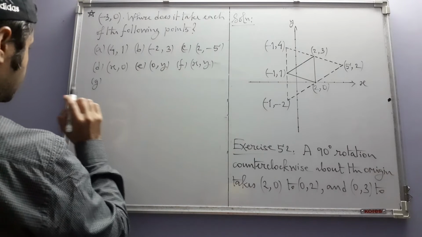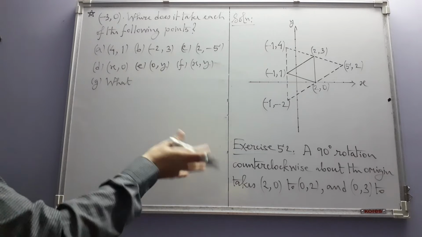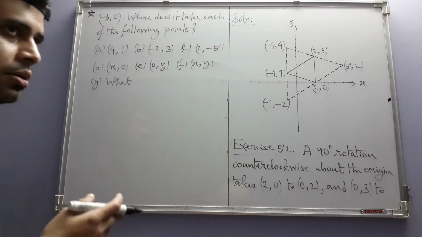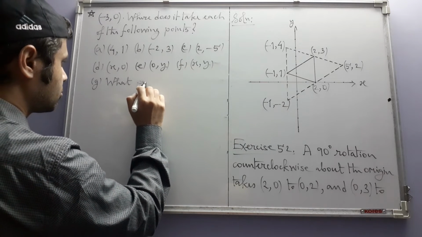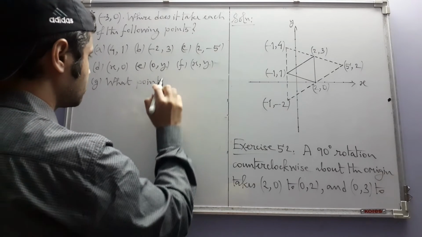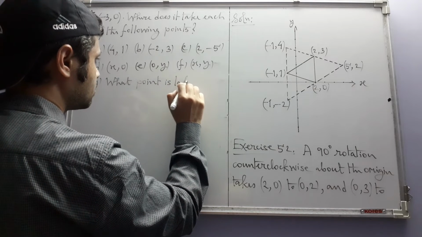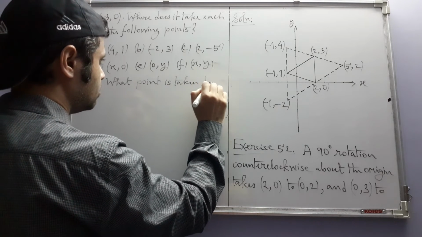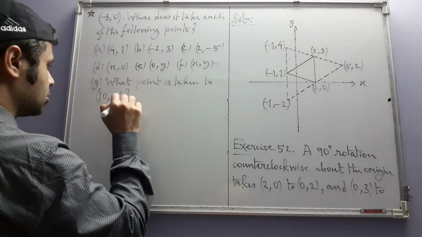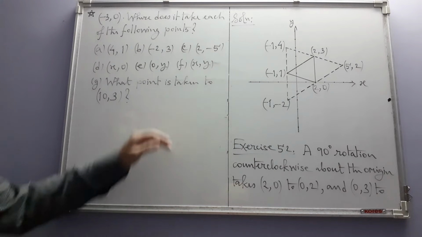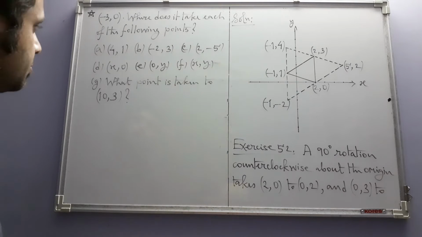What point is taken to 10, 3? So under this rotation, where from 10, 3 is coming? That we have to find. What point is taken to 10, 3? So we will find the most general one, and that will answer all the parts.